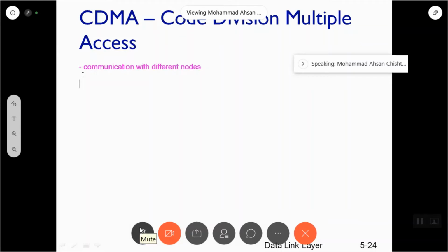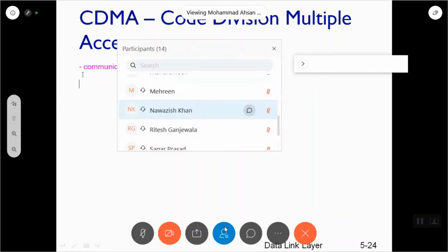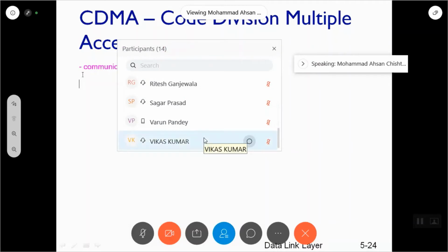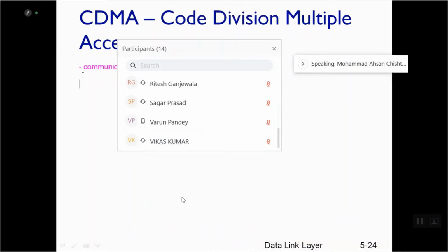Who is your state mate? Molly? Okay, Molly and Abhinandan. Within this class, you, Ramanand, would speak to Molly in Telugu. I would speak to, let's say, Arifa in Kashmiri.